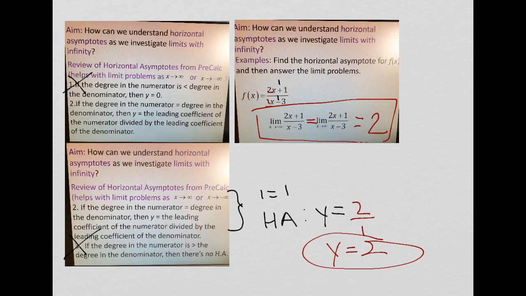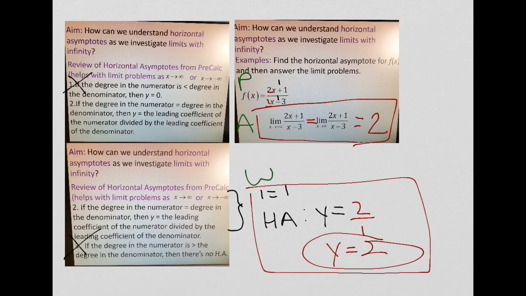All right, so if you can show work to find the horizontal asymptote, then you can get your answer. So this is your problem, this is your work, and there's your answer. Again, this is only for when you have rational functions. Otherwise, you have to approach it in a more graphical way or numerical way. Good luck.